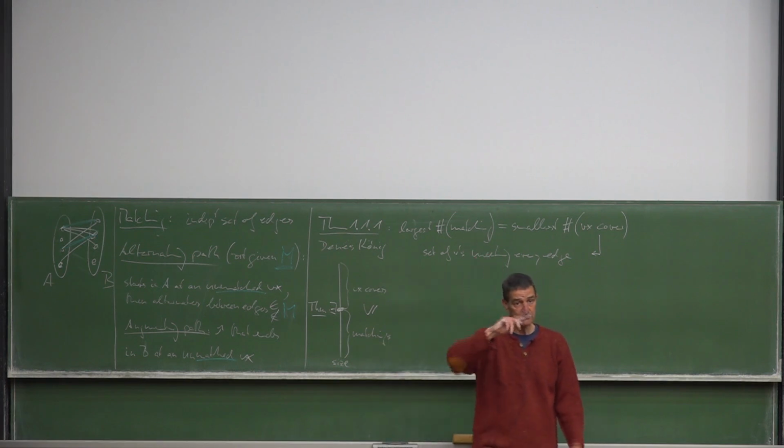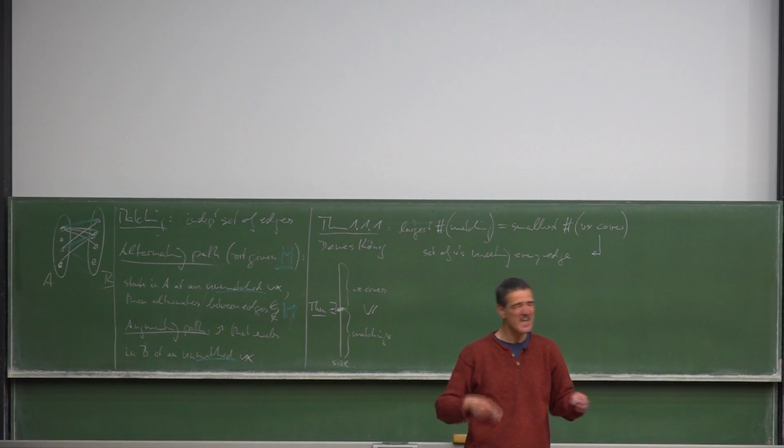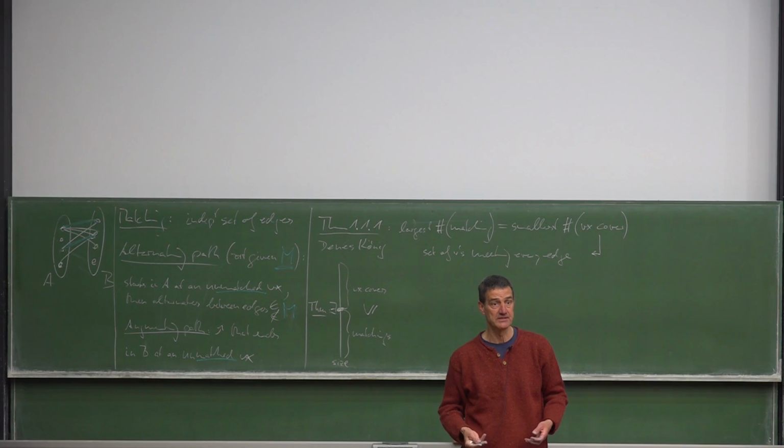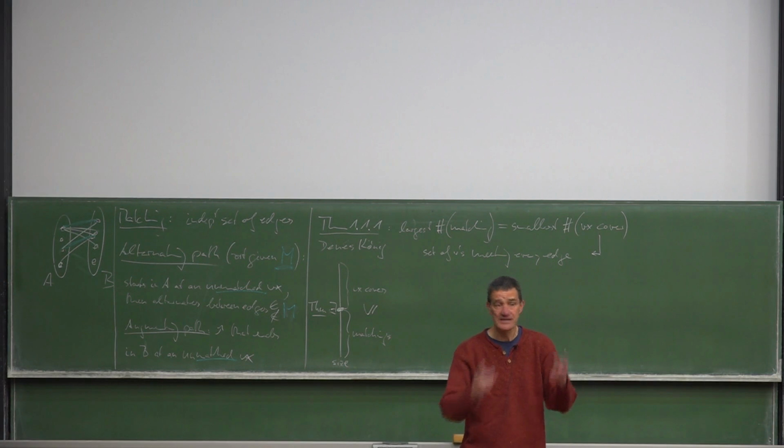If you are trying to sell me a vertex cover and say, yeah, I can cover all the edges, and I can say, yes, I see that you're covering all the edges, but can you make do with fewer vertices if you choose them completely differently? And then you can say, no, because here's a matching of exactly that number of independent edges as I'm using in my vertex cover. Then clearly I can't make do with fewer vertices. So I'm not telling you that it's easy to find that matching. In fact, it is, but it's a certificate once you have it.